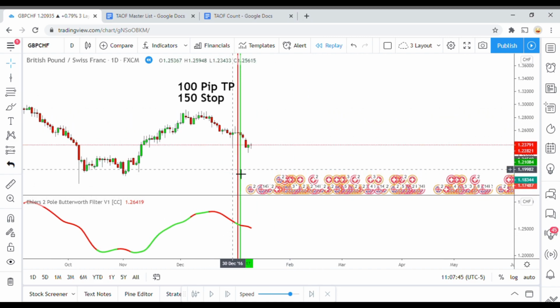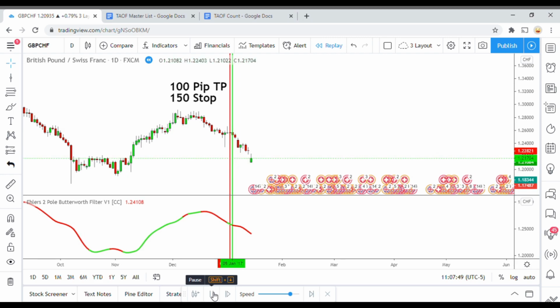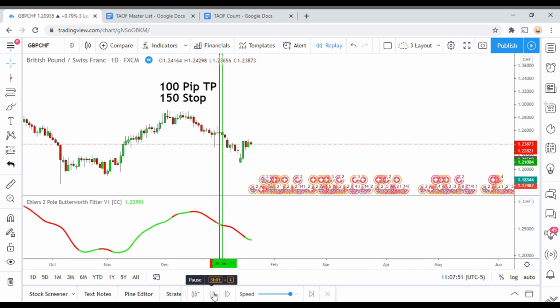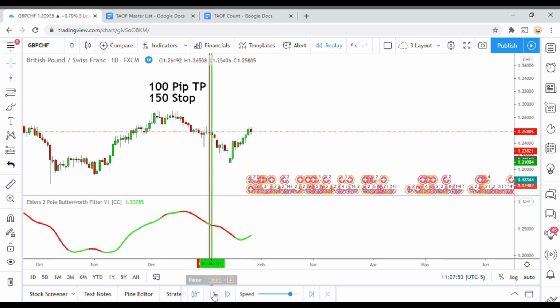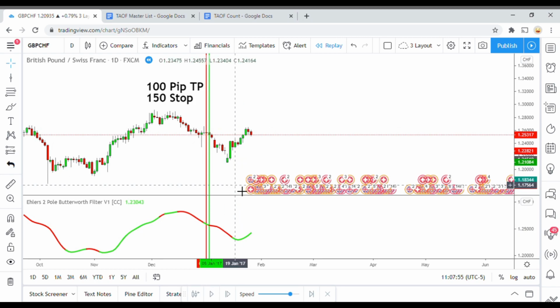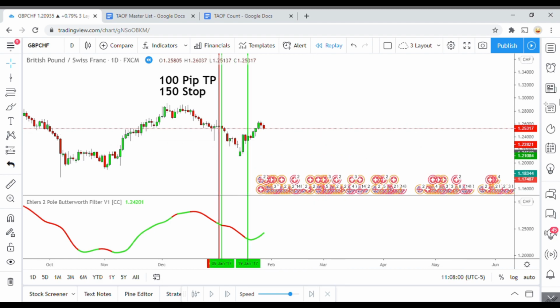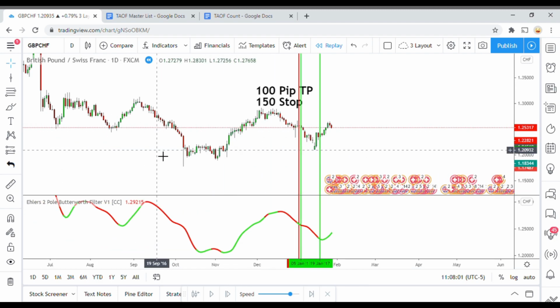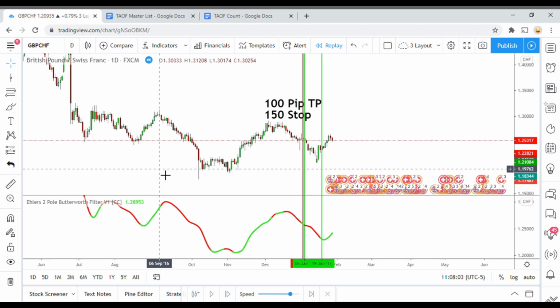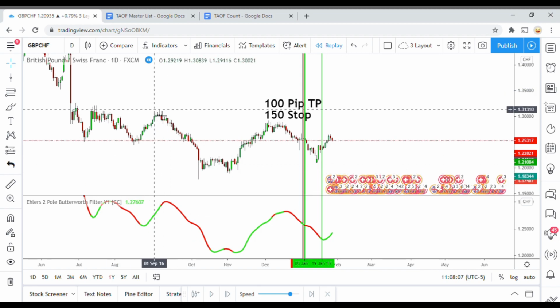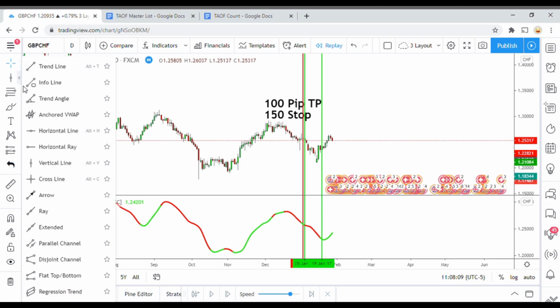But that sell does get us in to take profit, so not too bad. Picked up a long signal over here. That one also gets us to take profit. Looking kind of at the most immediate areas of support and resistance.